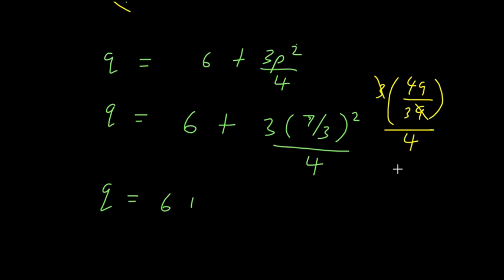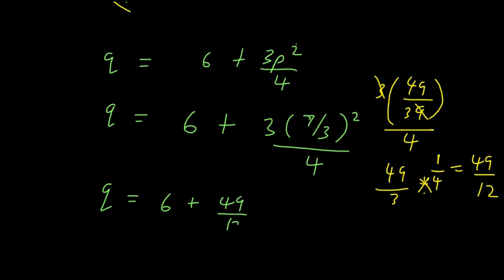So it's now 49 over 3 divided by 4, or times 1 over 4, which is 49 over 12. Okay, so we have 6 plus 49 over 12.